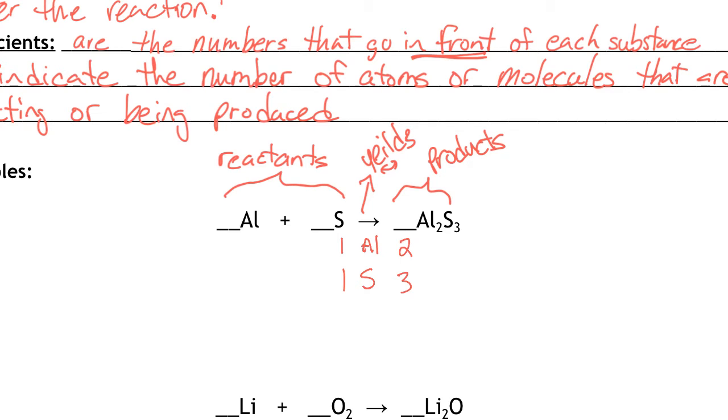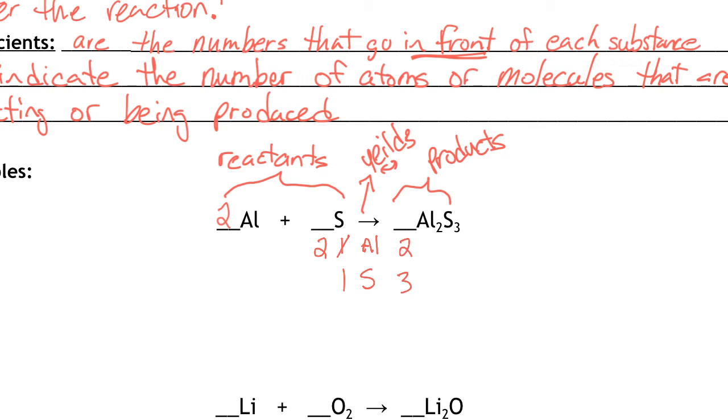Now, the next thing I'm going to do is I'm going to start at the top, and I look at the number of aluminum on the product side and the reactant side. Well, I've got 2 on the product side and only 1 on the reactant side, so I need to get those to balance. In order to have 2 on the reactant side, if I put a 2 here, that means I've got 2 atoms of aluminum, and now I'm going to update my total. So I've got 2 on the reactant side for aluminum, and I've got 2 on the product side for aluminum, and that's balanced.